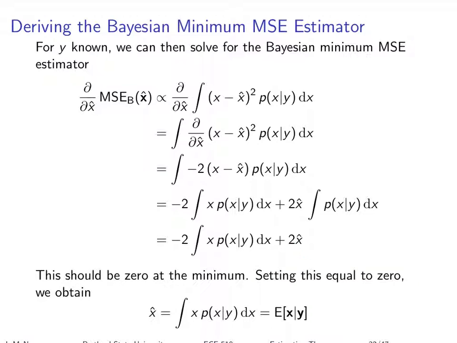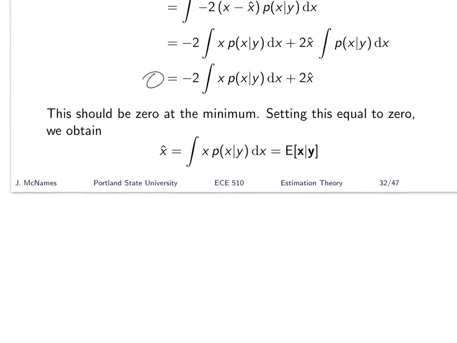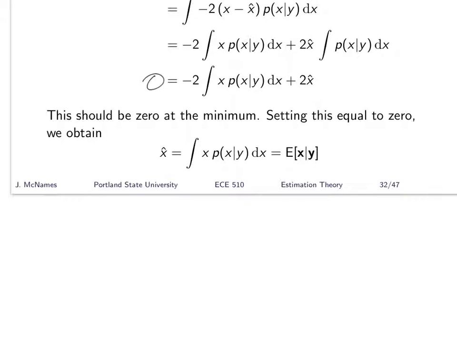If we set this whole thing equal to 0, because we're trying to find a minimum, then we end up with the expression down here at the bottom where x hat, you move this to the left-hand side and divide both sides by 2, and you end up with this equation down here. This, if you study it carefully, is really just the expected value of the random variable x, given that we know what y is, given that y takes on some particular value.